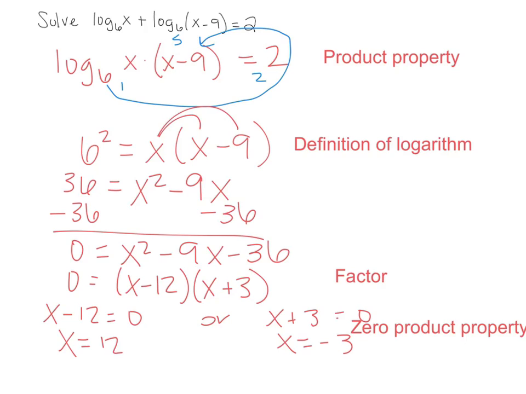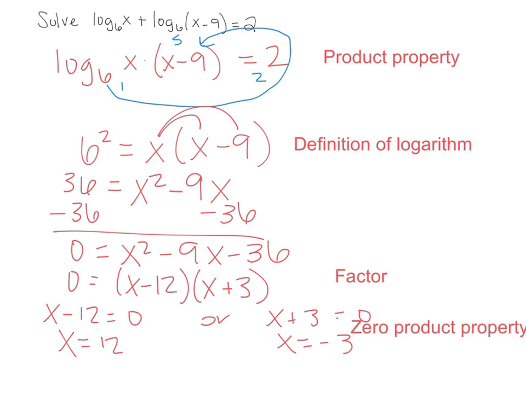Okay, so let's take a look at this problem. There was a lot going on in this problem, but one of the main things I really want you to get from this is these first two big steps right here, and I think that might be the hardest. If you remember your product property, your quotient property, your power property, which we will be exploring in this lesson, and if you have addition between two logs, you're going to end up taking these numbers right here and multiplying them.